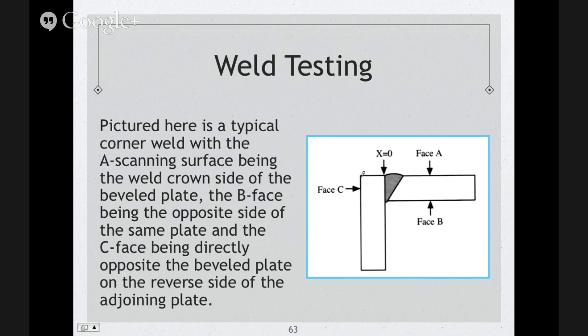So if they tell you to check from face A, you would obviously shoot at an angle. If you're shooting from face B, you're obviously shooting at an angle. And if you're shooting from face C, you want to be shooting straight beam, right? You don't want to be shooting at an angle. You want to shoot straight beam.